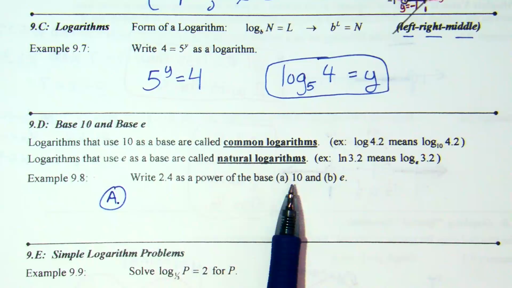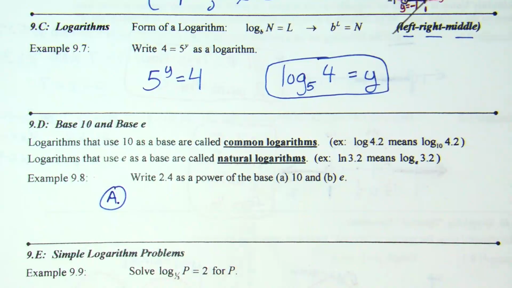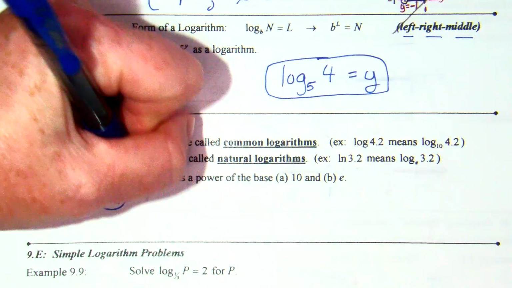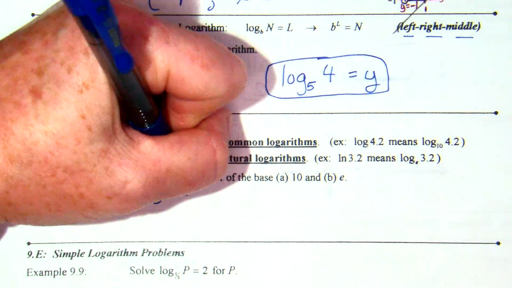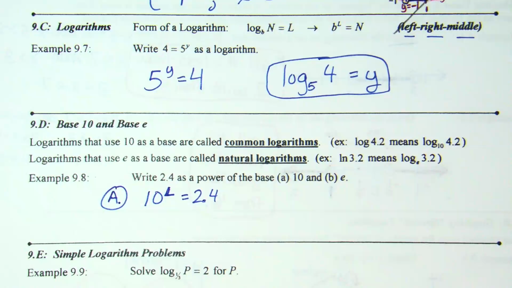So we want to take 2.4 and write it as a power of base 10. So what that's saying is, we want to know 10 to what power is going to equal 2.4. And that's your easiest way to start it off. The book uses L. So 10 to the L equals 2.4.